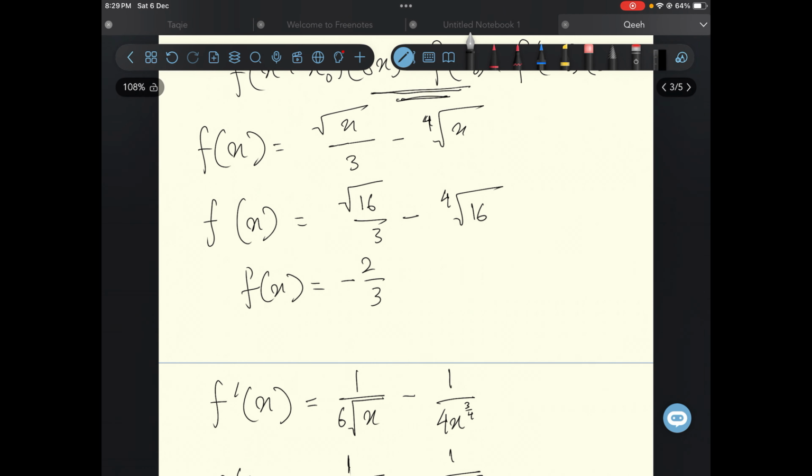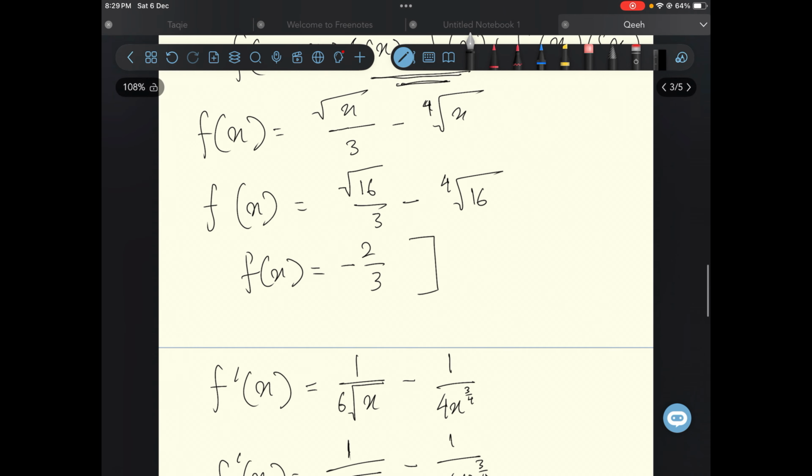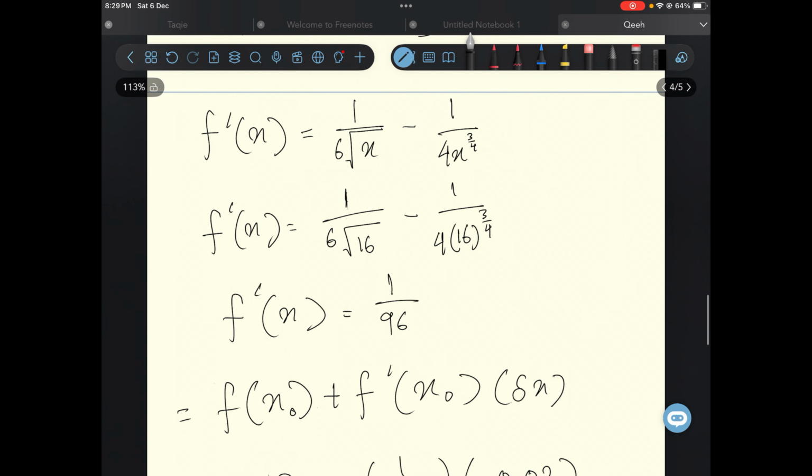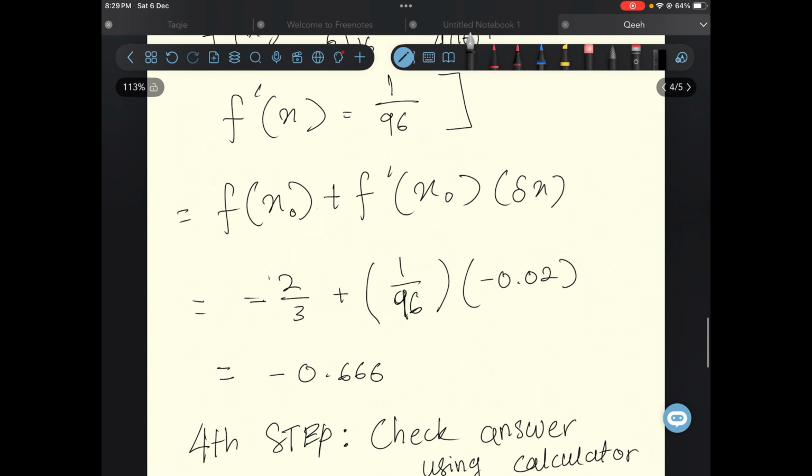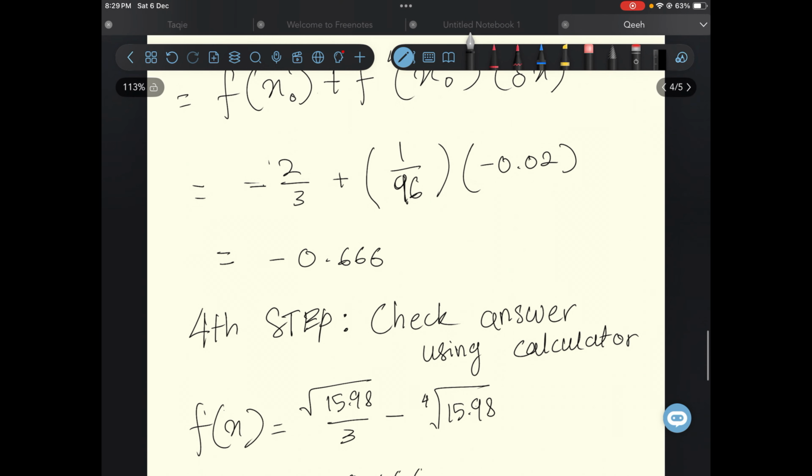I get for the function at s sub 0 to be negative 2 over 3, and for the derivative at s sub 0, my answer is 1 over 96. Lastly, simply substitute the answers into the formula, which gives this answer: negative 0.666.